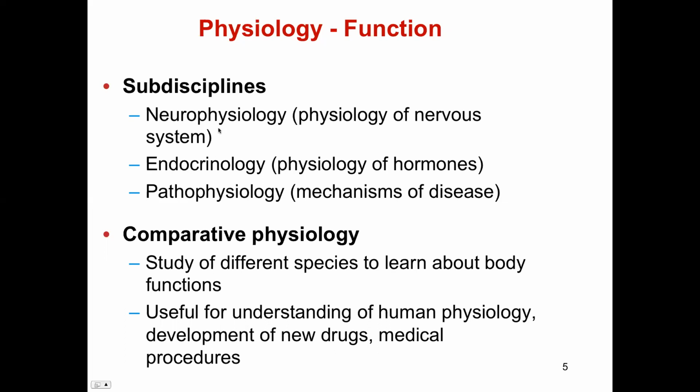There's neurophysiology, the study of the neurons and how they function. Endocrinology, for example, hormones. Pathophysiology, related to disease. And then you can study different types of species and how things function the same or different between them. That's really useful for understanding human physiology, right?